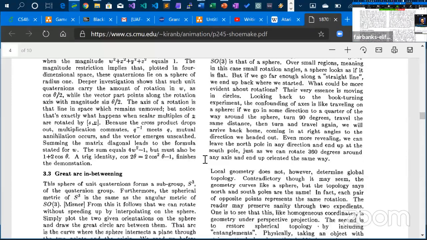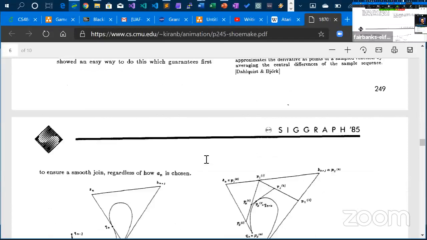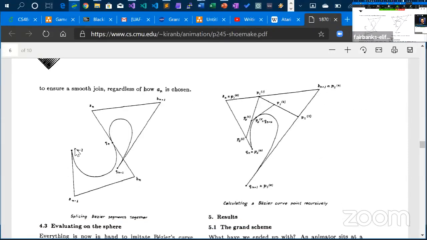I'm just trying to find a graphic that illustrates what they're trying to do. Here we go. Basically what we'd like to do is animate something along a path. But we can't just do it with a matrix. You can't just blend the matrices together. What you can do, though, is blend the quaternions together.